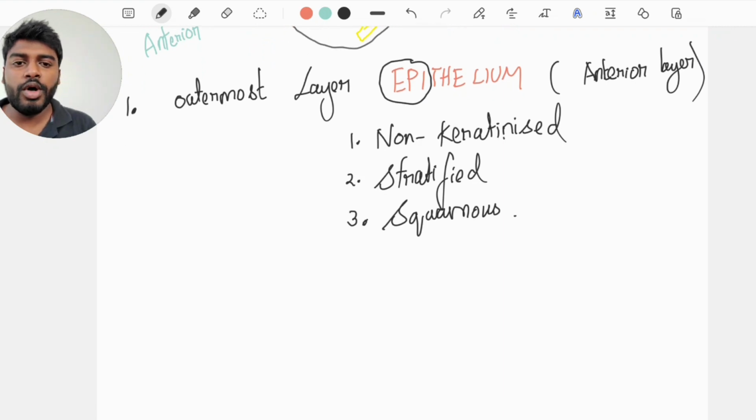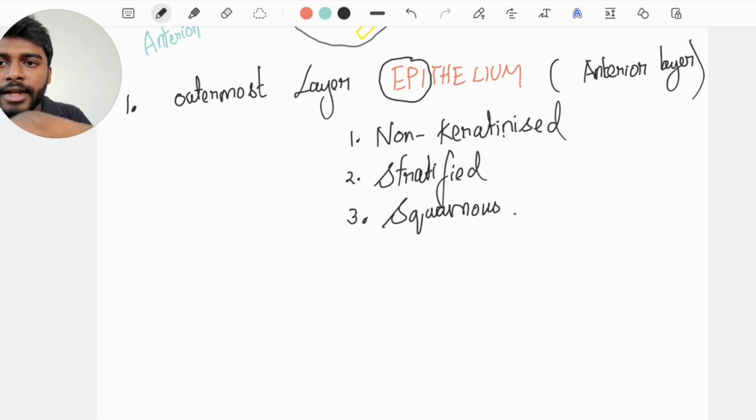Next we will move on to stratified. Non-stratified means a single layer of cells, but in the cornea it is stratified. Stratified means it has different layers, called strata.